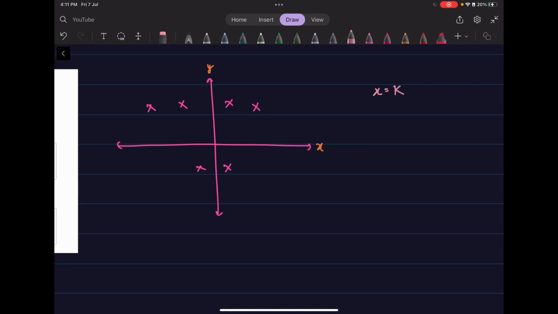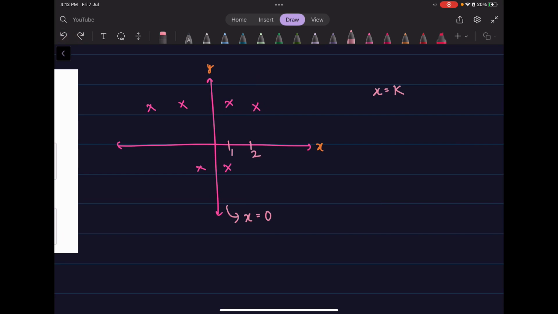The equation for this line is x equal to 0. Similarly, if this was 1, this was 2, this line would have been x equal to 2. On this particular line, each and every point has an x value equal to 2, but different values of y.